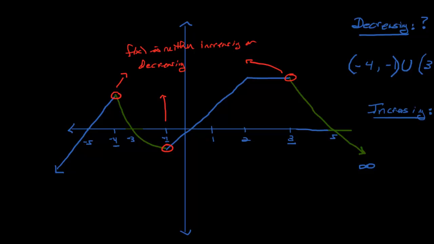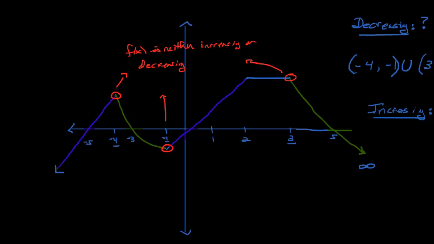So hopefully you paused the video and tried this out on yourself, and you recognized that my function is increasing from -infinity until -4. Oops, let's change that color there. I'm going to do the color in purple. So it's going to be increasing from -infinity to -4, and then it's also going to be increasing one more time. So there's going to be two different portions where this function is going to be increasing.